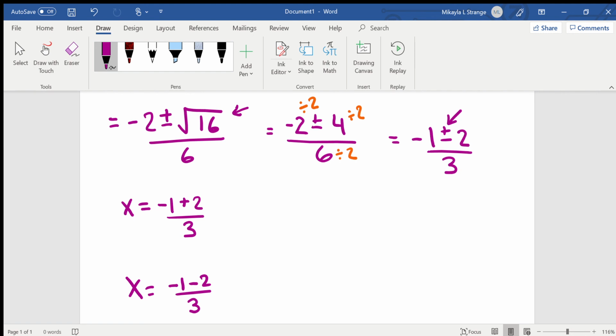Negative 1 plus 2 is 1, so that's going to be 1 over 3. And negative 1 minus 2 is negative 3, still over 3. This can be simplified further, and this is just negative 1. So my answers are x is equal to 1/3 and negative 1.